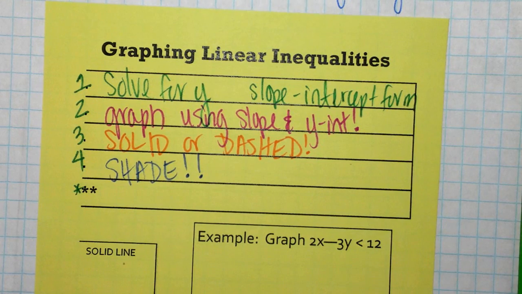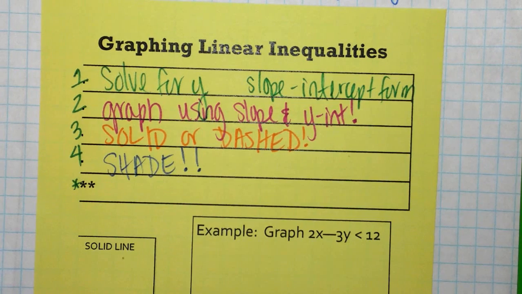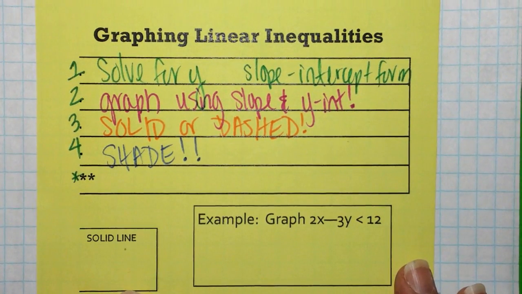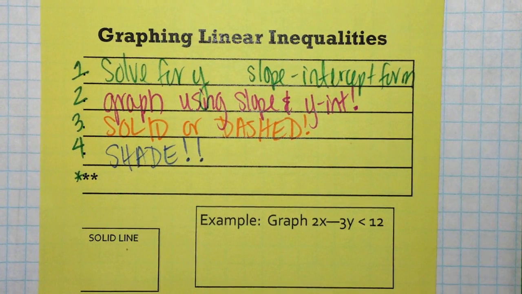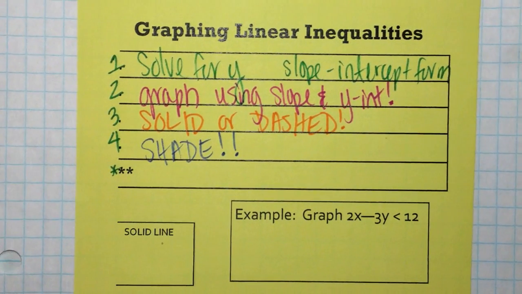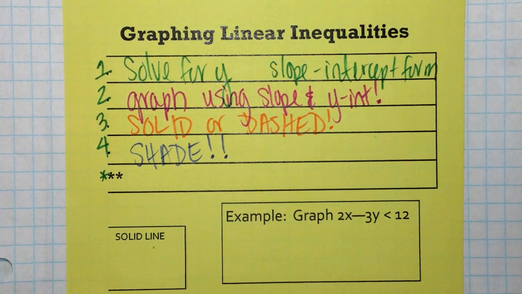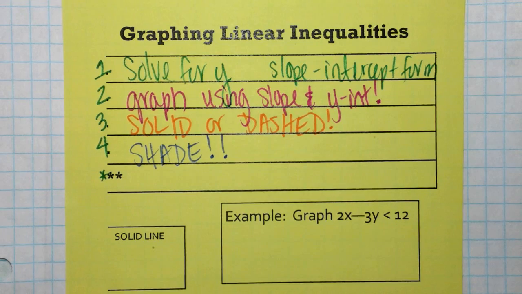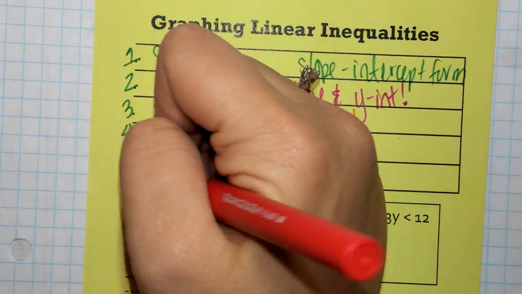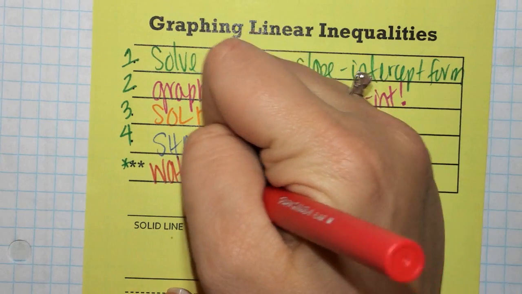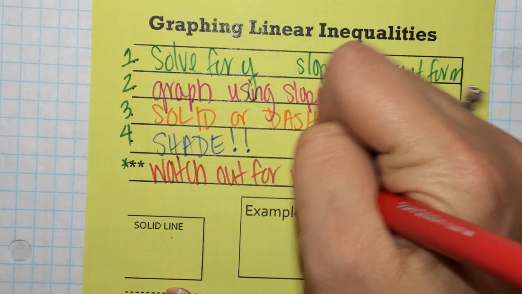You had to watch out for negatives. So if you multiply or divide by a negative, watch out for negatives.